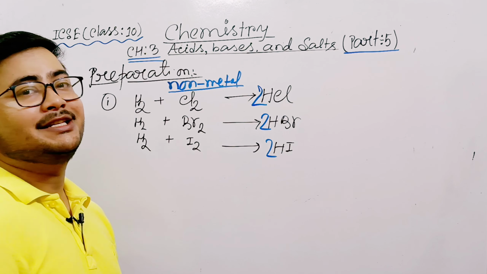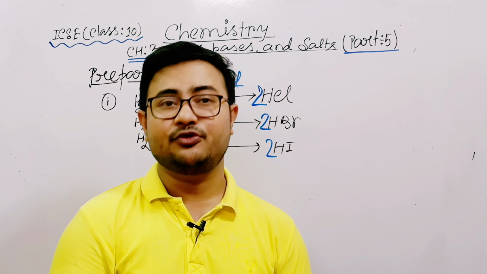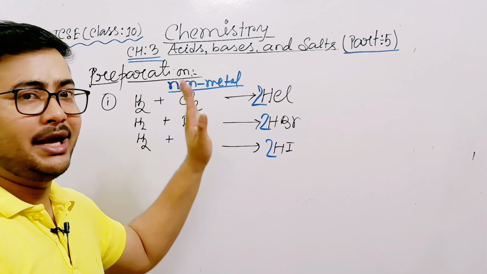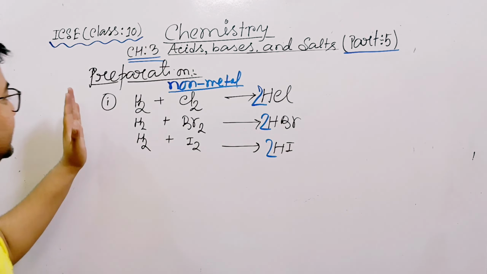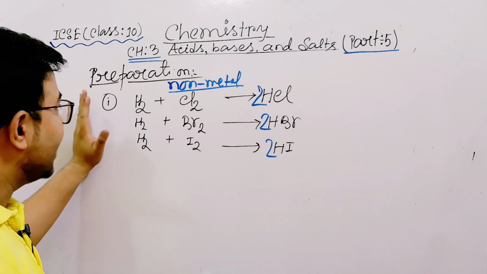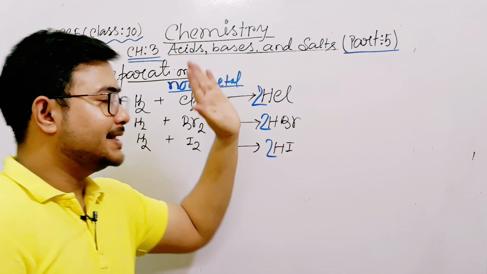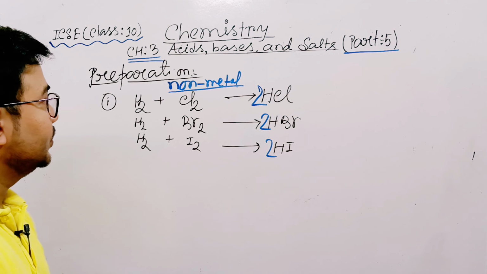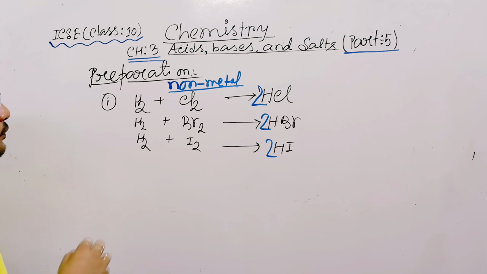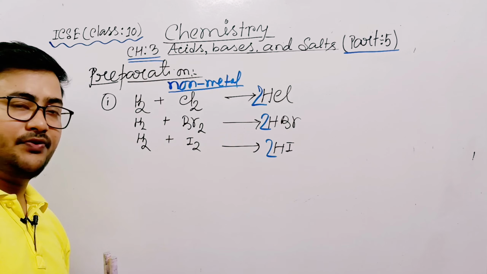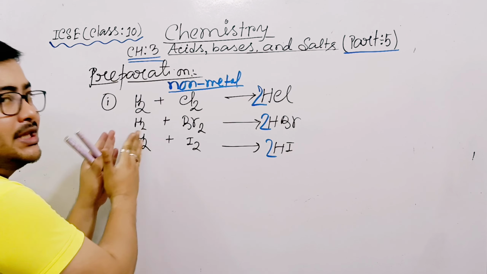If in the question paper it is mentioned balance the equation, obviously you have to balance it. So this is the first process, how to prepare acids from non-metals. It is a basic concept in this heading, preparation of an acid, non-metal with hydrogen.